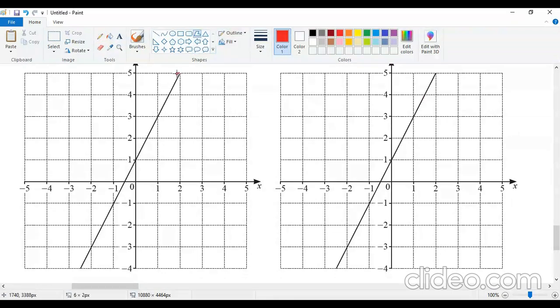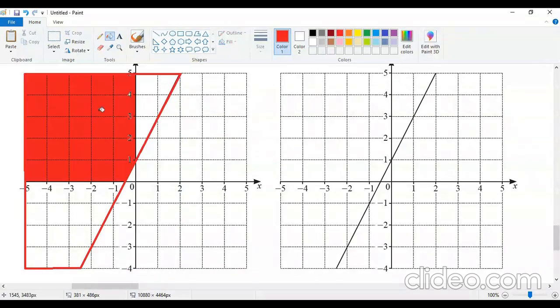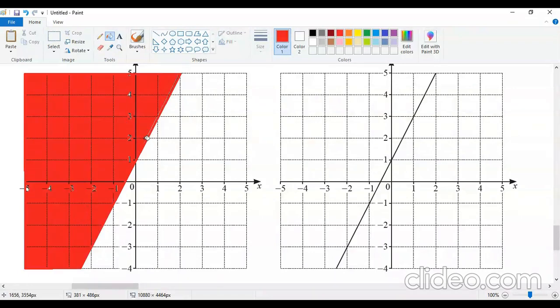All this region has to be shaded, which is greater than or equal to. So this is all shaded. So the first part is over.